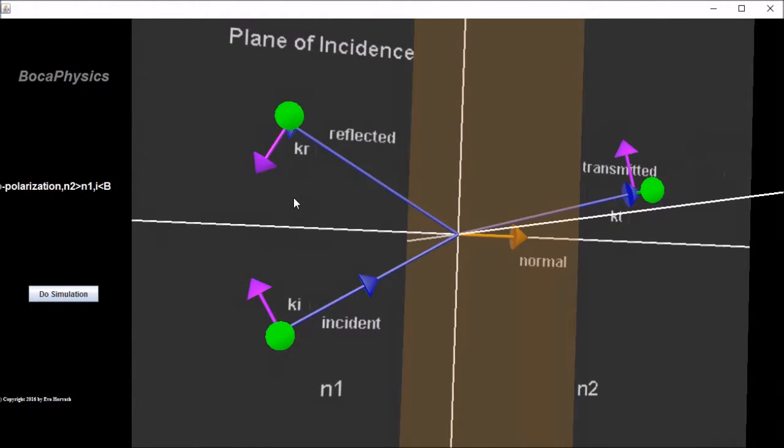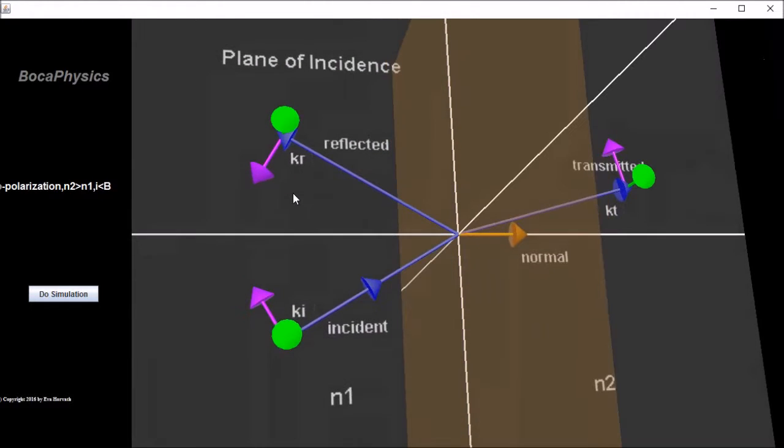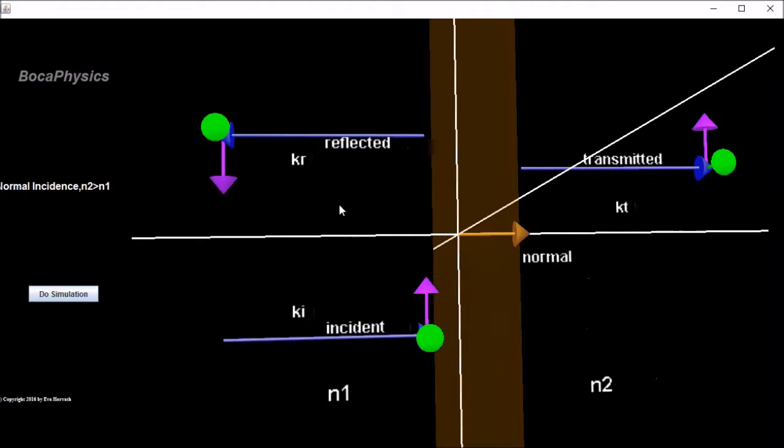And now the electric field vectors will be as follows. The incident wave electric field vector will point straight up, but the reflected electric field vector will point straight down. In other words, we're consistent with the results we obtain for perpendicular polarization.